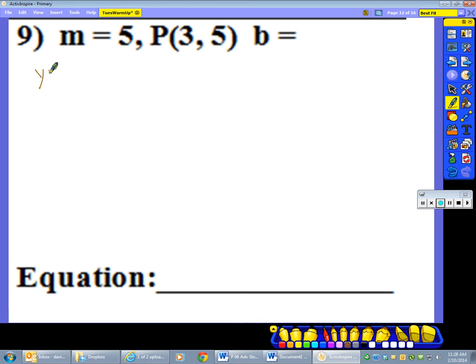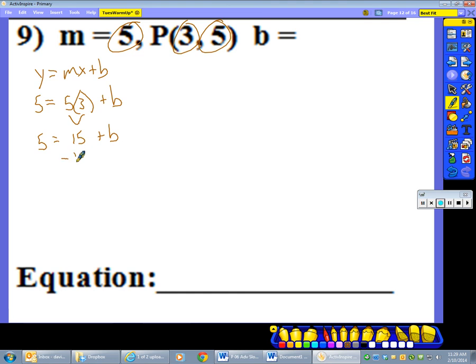Number 9, y equals mx plus b. My y value is 5. My m value is also 5. My x value is 3. And I'm trying to find my y-intercept. 5 times 3 is 15. Bring down the rest of my equation.